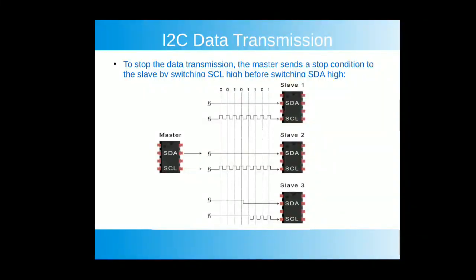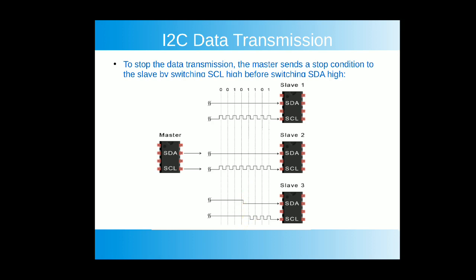After completing the data transmission, the master will put the I2C bus into an idle state, and this is done by initially making the clock line go to a high value. Here we can see that the clock is set to a high value, followed by the data line SDA being set to a high value, and this is the stop condition. Together they form the stop condition.